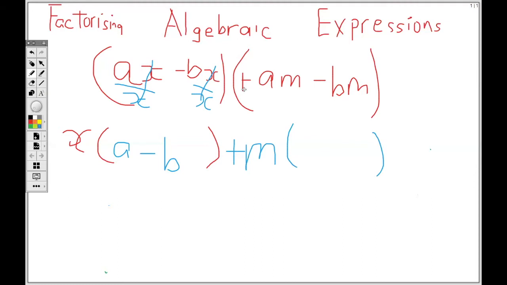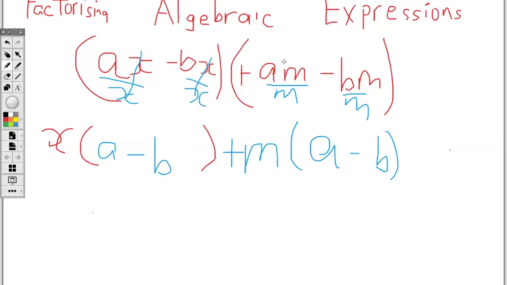So once you have a positive, then a negative, we leave the sign negative alone. So here we factor out an m, a minus b remaining. If you're not seeing this right away, just remember that we divide the third term and the fourth term by m. So these cancel, so we are left with a minus b.